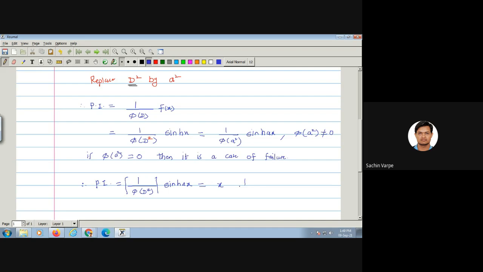So x into 1 upon, we differentiate the operator with respect to D, so phi dash of D square, and into that we replace D square by plus a square, provided that phi dash of a square must be non-zero.